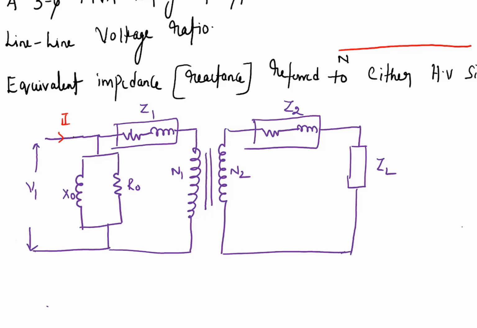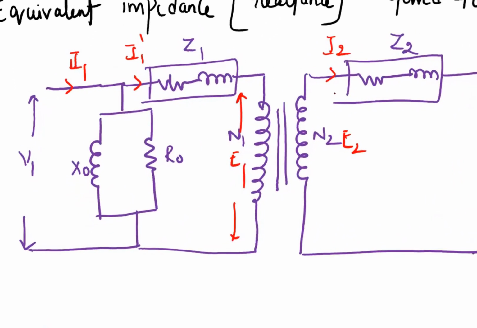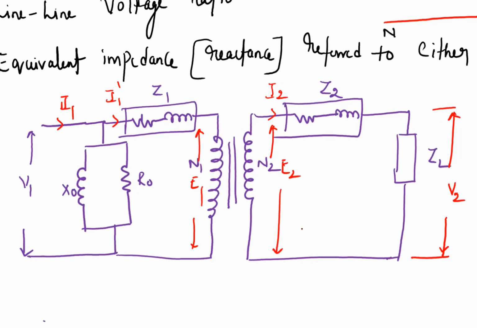This is I1. This is I1 dash. This is I2. This voltage is V2. This voltage is E2. This voltage is E1. So this is the exact equivalent circuit of the transformer where V1 is the primary voltage and V2 is the secondary voltage.